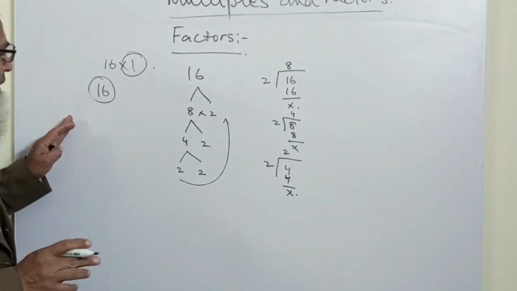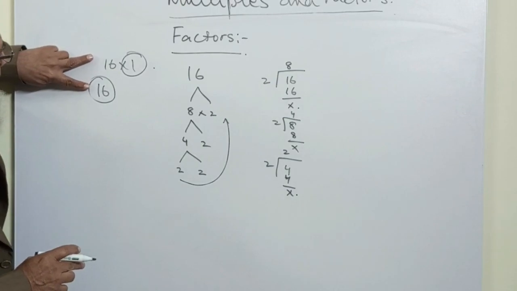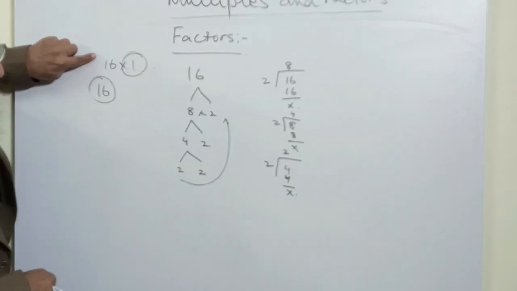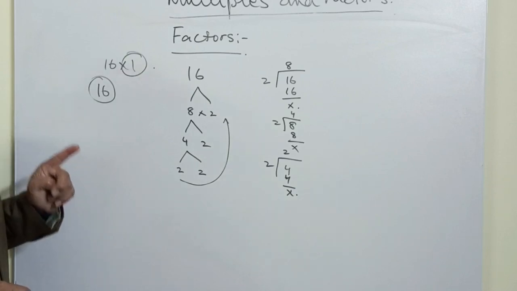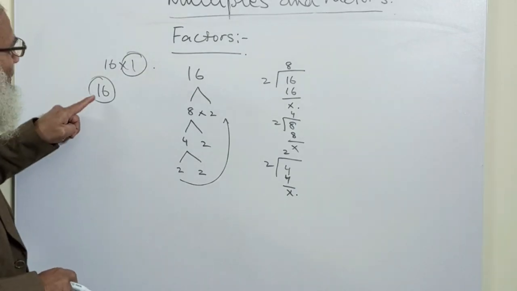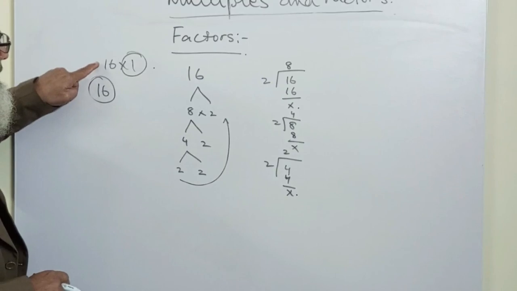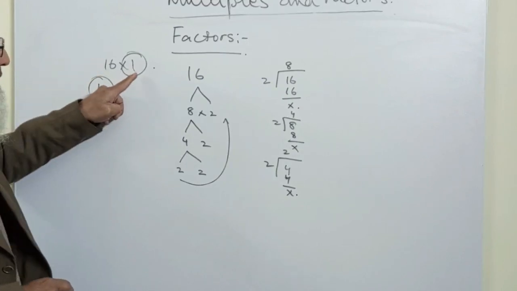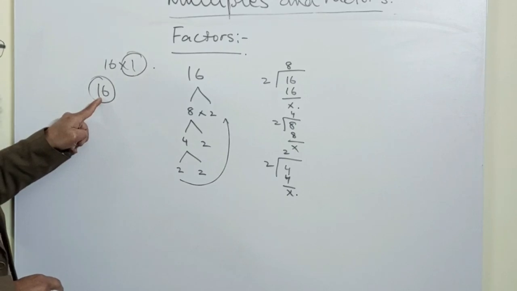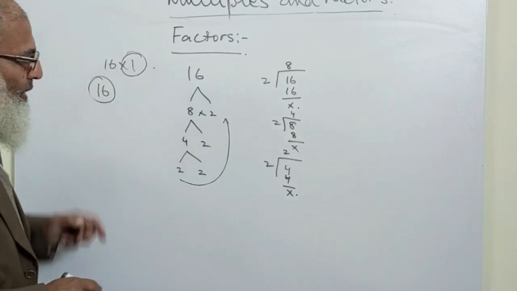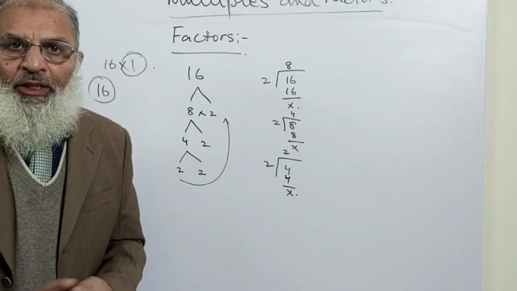This is, for example, the largest factor of this given number. That means the highest factor of any given number is the number itself. The smallest be the 1, the largest be the number itself. I hope you would have understood my point.